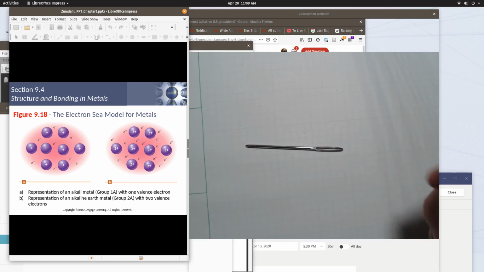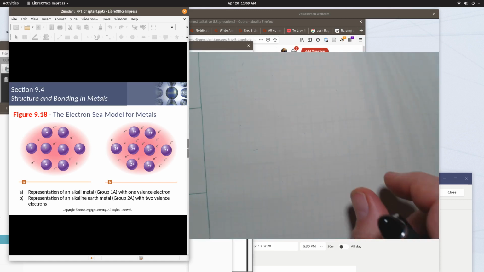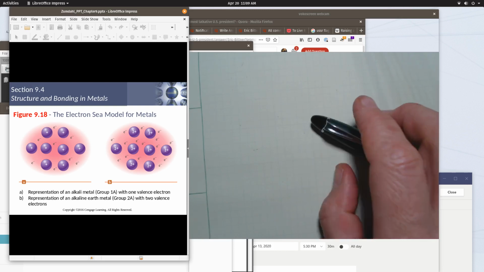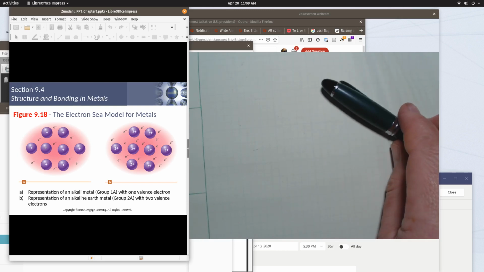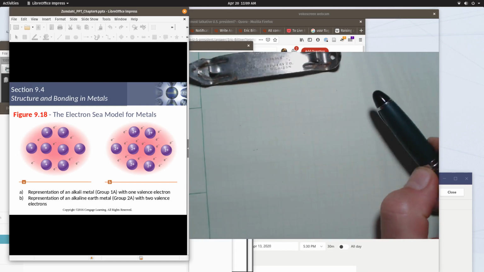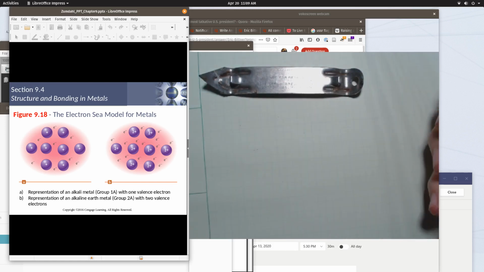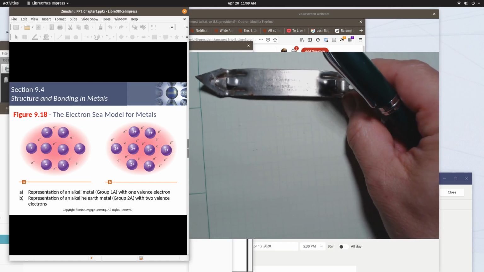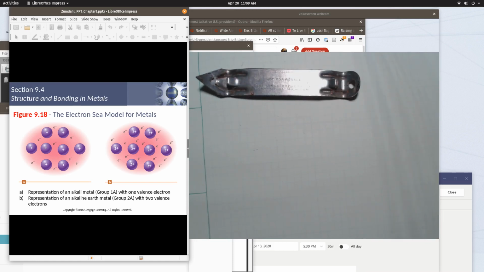The electrons, however, remember we have bonding and non-bonding electrons. These are the valence electrons. They are very mobile. So the outermost electrons surrounding the iron atoms in this bottle opener are, for the most part, freely movable, free to move about. They have a kinetic energy.